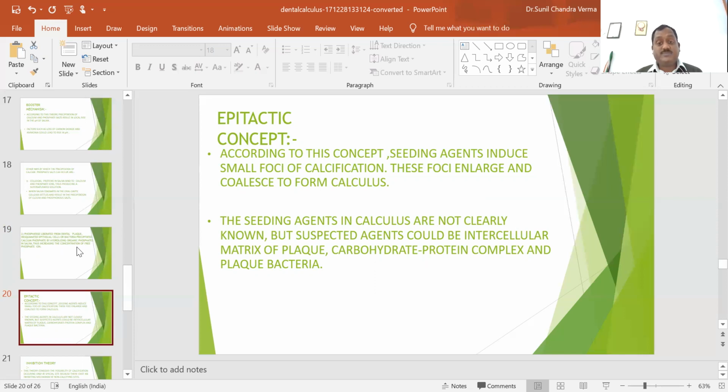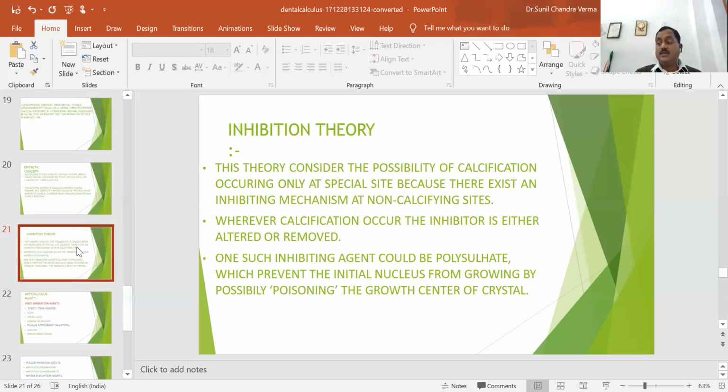But suspected agents are the intercellular matrix of plaque, carbohydrate protein complex, and plaque bacteria. Now, third theory of calculus formation is inhibition theory. This theory considers the possibility of calcification occurring only at special sites because there exists an inhibiting mechanism at non-calcifying sites.